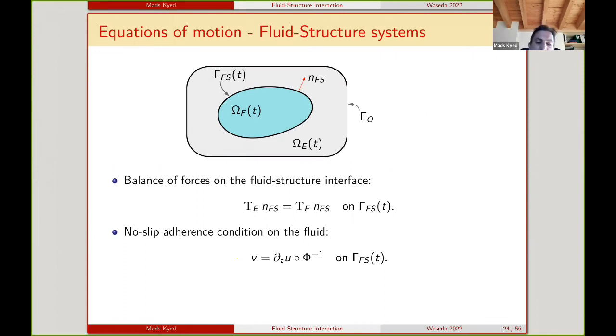What does it mean that a fluid particle adheres to the boundary? It means that it moves with exactly the same velocity as the boundary. So we end up with v, the Eulerian velocity of the fluid, equals d_t u, the velocity of a particle on the boundary in the current configuration. So you need to compose the d_t u with the phi inverse to go into the current configuration on the right hand side, because the v on the left hand side is in the current configuration.